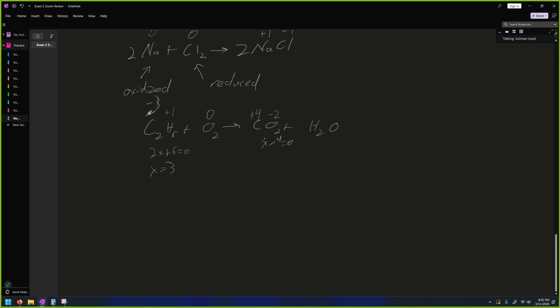And so without needing to go through the whole rigmarole of what's oxidized and what's reduced, we have clear evidence that a redox reaction has occurred. We know it's redox because we went from having a pure element with a 0 oxidation number to the oxygen having a -2. And so that means it had to be redox.